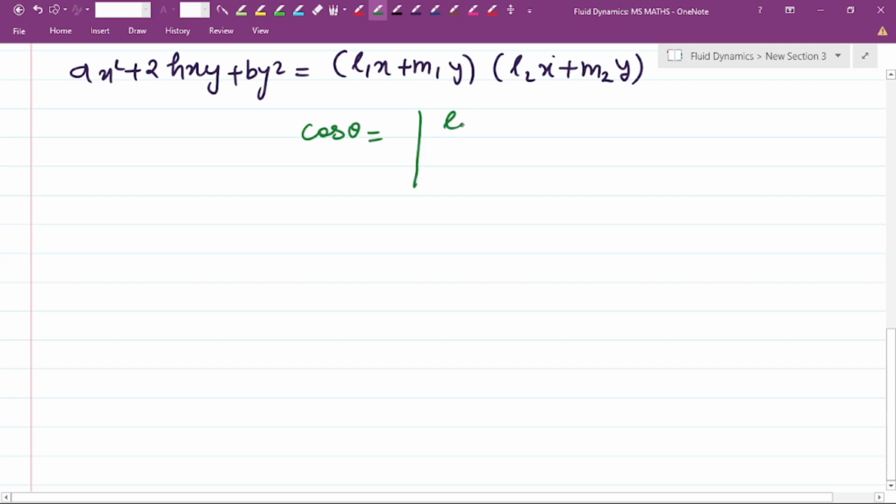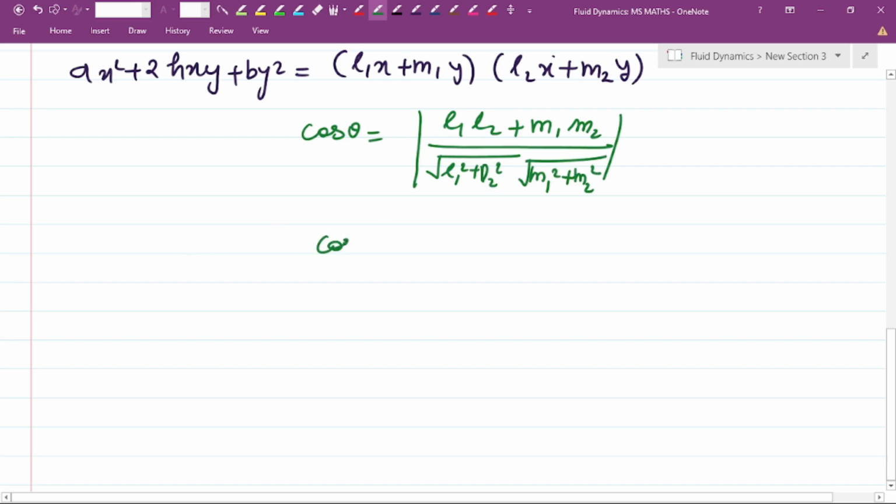The angle is basically cos theta equals L1 L2 plus m1 m2, for two dimensions only, upon root of L1 square plus L2 square into root of m1 square plus m2 square.